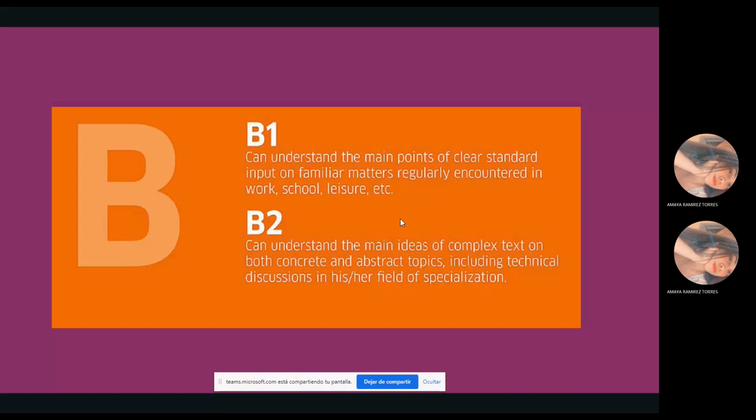On the B2, we can understand the main ideas of complex text on both concrete and abstract topics, including technical discussions in our field of specialization. So in this one, it's a little bit more advanced, but obviously not as advanced as level C1.